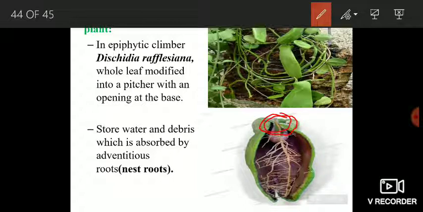These pitchers are meant for storage of water and debris, and this water and debris is later absorbed by the adventitious roots which develop inside. These roots help in the absorption of water and the decomposed debris.